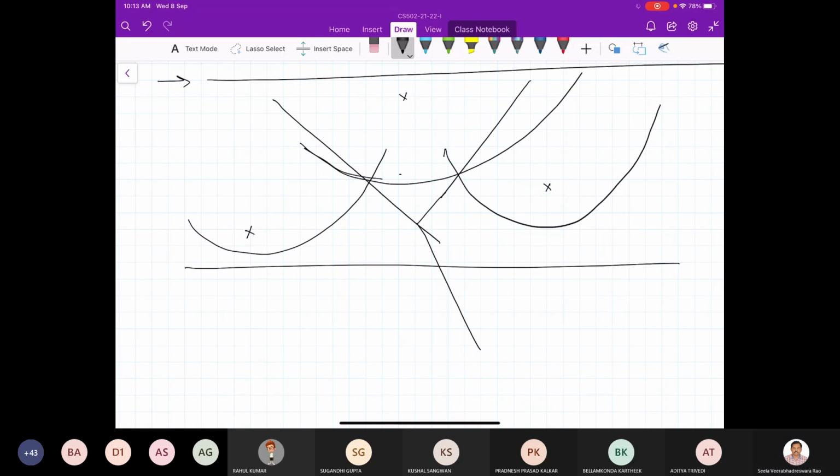So at this juncture, this is a valid circle event corresponding to the three sites.